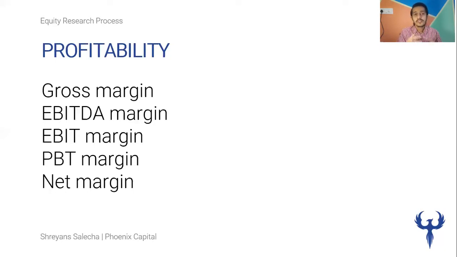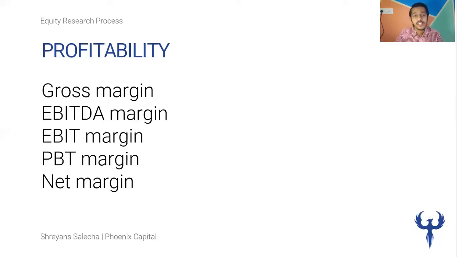So for example, if you see that the gross margin is stable, or it is increasing, but the EBIT margin is decreasing, then you know that the operating expenses are increasing at a faster rate, or the depreciation and amortization has gone much higher, right? So take a look at each of these ratios one after the other and try to figure out those areas where cost control, so to speak, is weak.